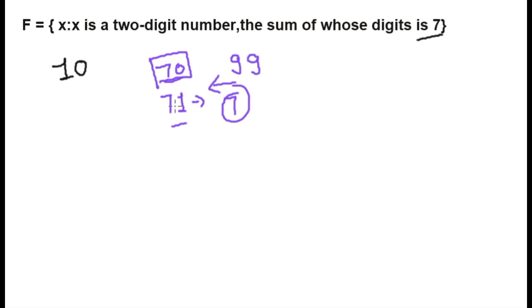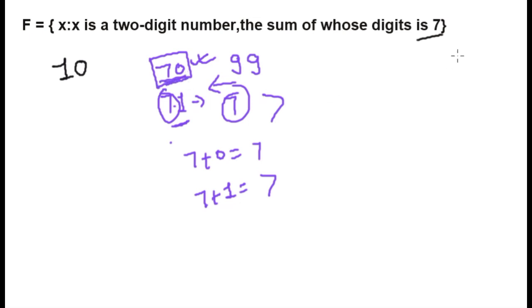No, because this is already 7, and if you add anything to 7, it will be greater. 7 plus 1 is 8, 7 plus 2 is 9. So it will end here only at 70. It will not go beyond 70 because 7 plus 0 is equal to 7. So our last number is 70.